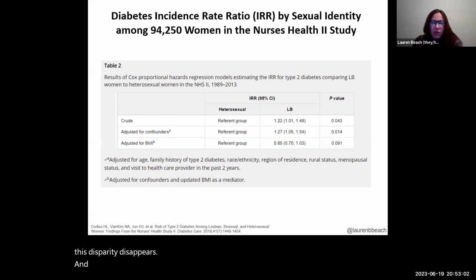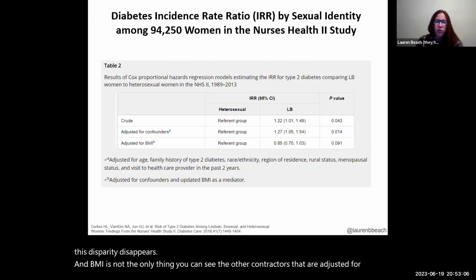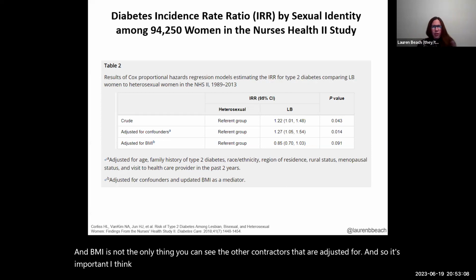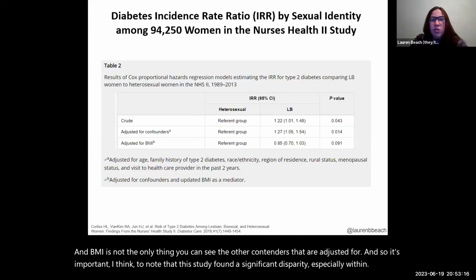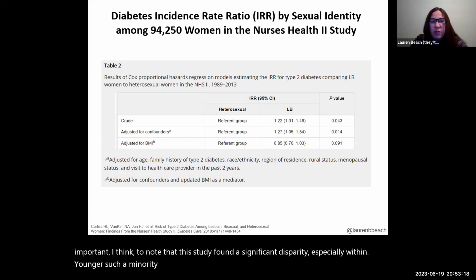BMI is not the only thing you can see; there are other confounders that are adjusted for. It's important to note that this study found a significant disparity, especially within the younger sexual minority population of lesbian and bisexual women. By the time you get to 70, 80 years old, the disparity doesn't exist any longer.